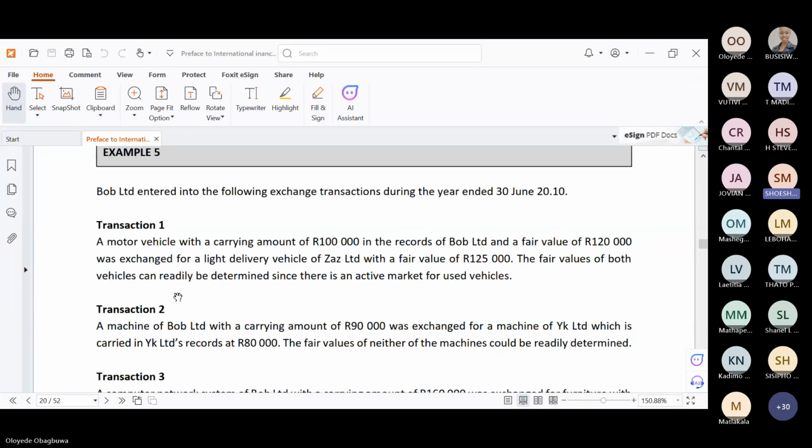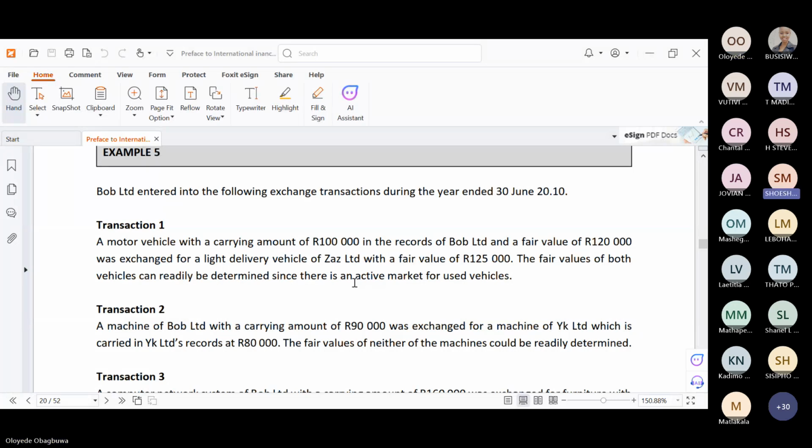Sir, yes. In that case, Bob has 120 and he gives away, and then he gets another one for 125. When you are now recording that vehicle in your statement of financial position under fixed assets, you are going to record it at 120,000 based on the standard.